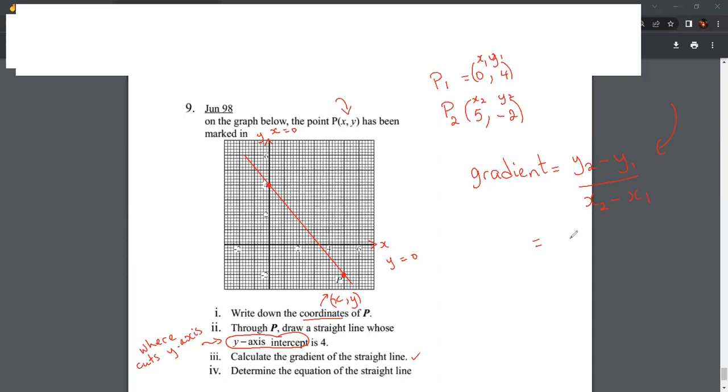And I substitute it into my formula. So y2 is -2, minus y1 is 4, all over x2 is 5, minus x1 is 0.